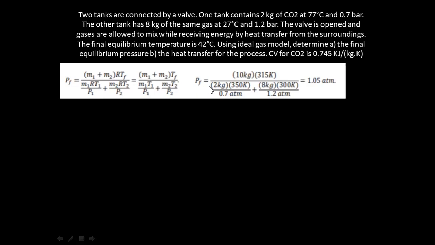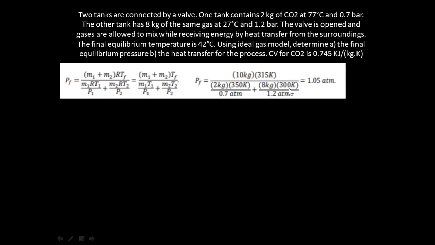315 Kelvin, all over 2 kilograms times the temperature at the first tank at 77 degrees Celsius, in Kelvin that is 350, all over the pressure at the first tank at 0.7 atmospheres, plus the mass of carbon dioxide at the second tank at 8 kilograms multiplied with the temperature at the second tank at 300 Kelvin.